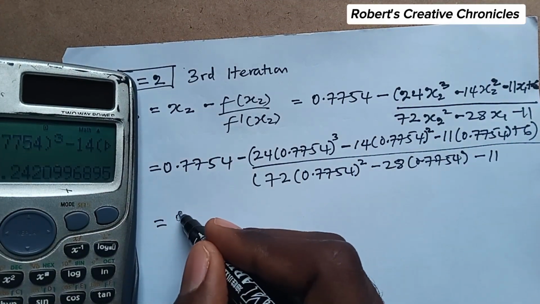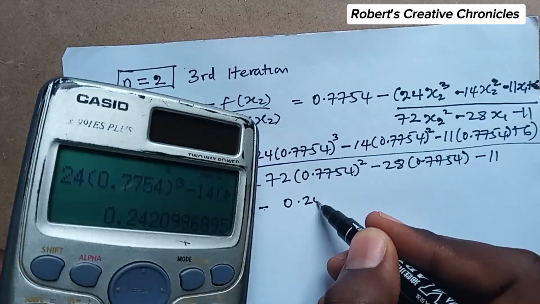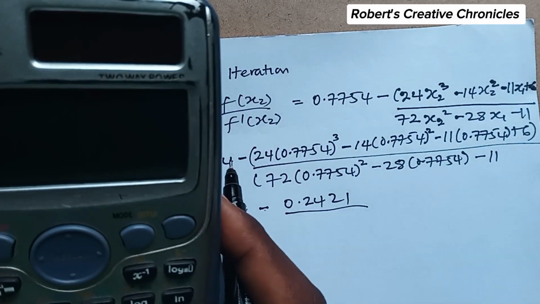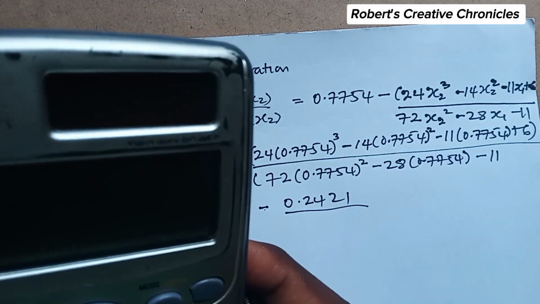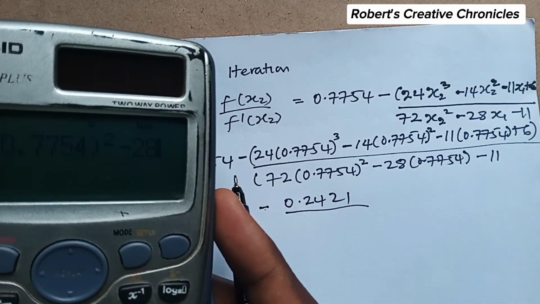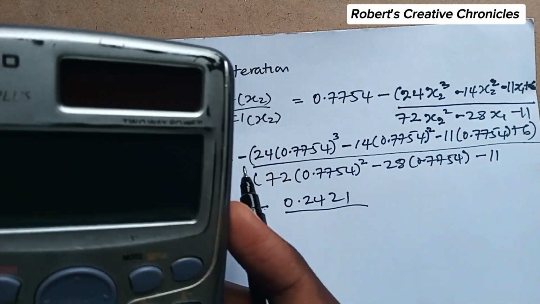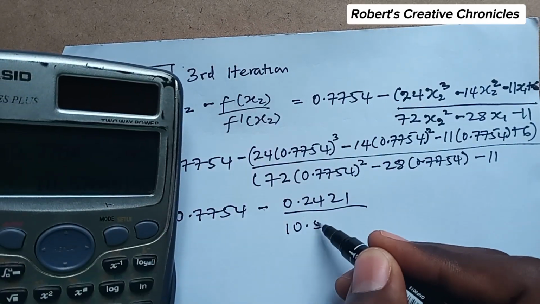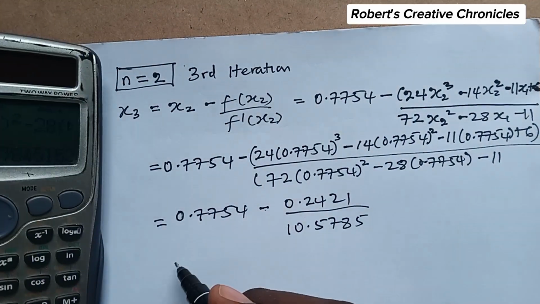This gives us 0.2421 divided by approximately 0.85.